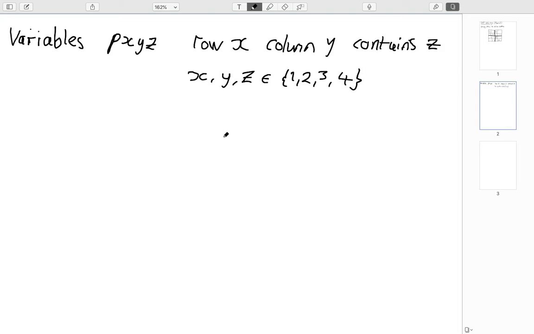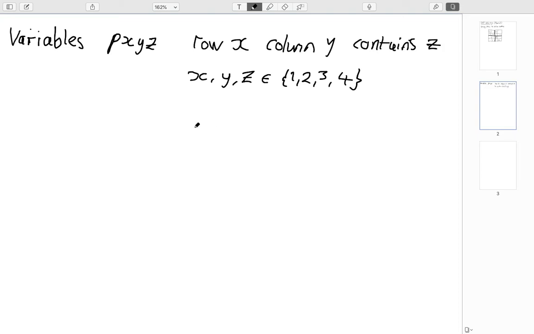So we have 4 times 4 times 4, 4 cubed, that's 64 propositional variables. In the case that we were dealing with a 9 times 9 puzzle, we would have 9 cubed propositional variables, which is quite a lot more.